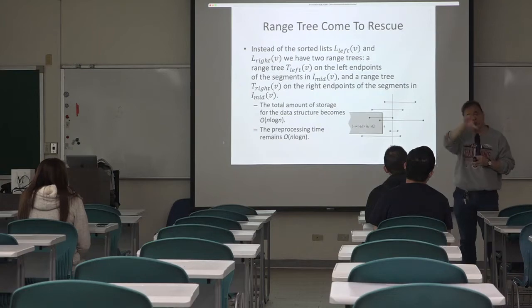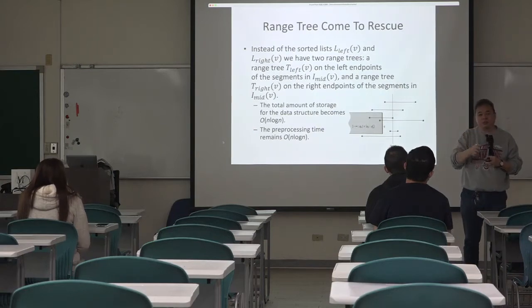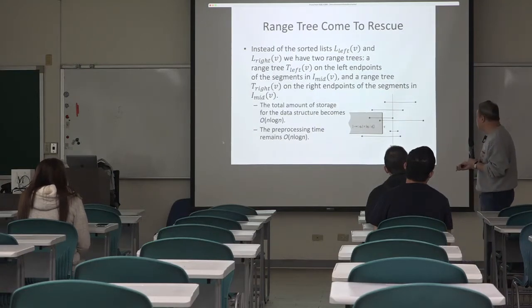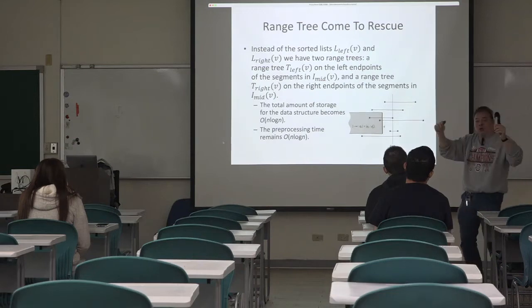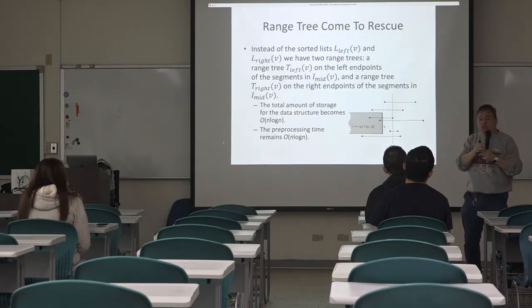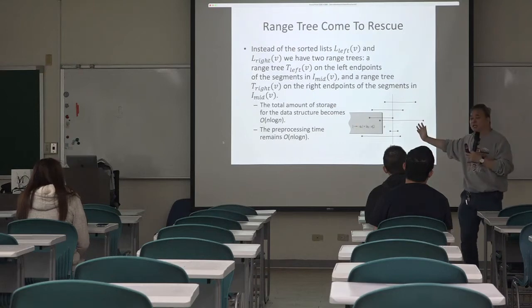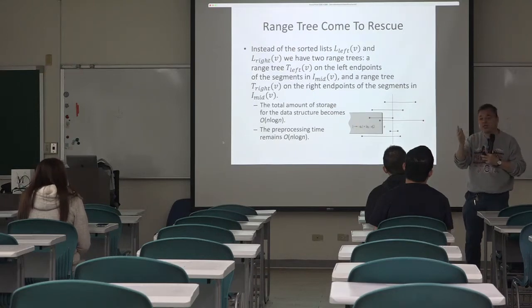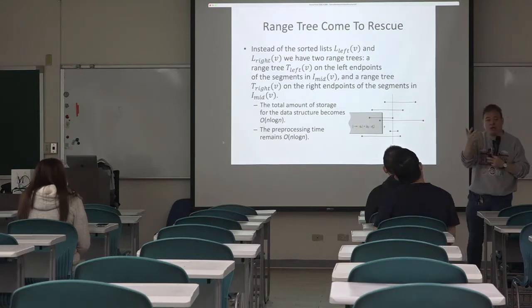You don't need to do both. One of them is good enough because we only need to deal with the segments that go across the whole window, so it goes out of the window on both sides. You can use left side or right side. Either one will be fine.